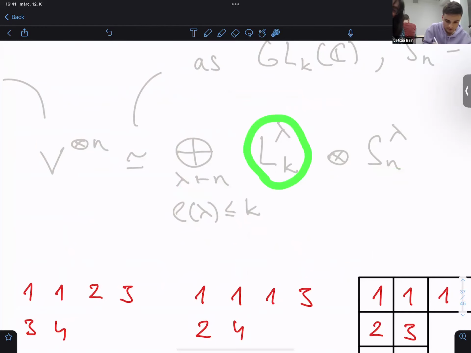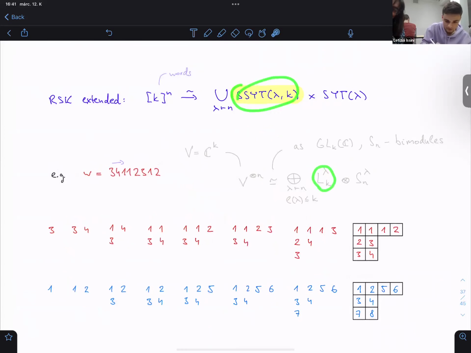And for this to be non-zero, we want the dimension also to be non-zero. Because it's counted by semi-standard Young tableaux, which are strictly increasing along the columns, the number of rows is supposed to be smaller or equal than k, which is the possible number of letters.